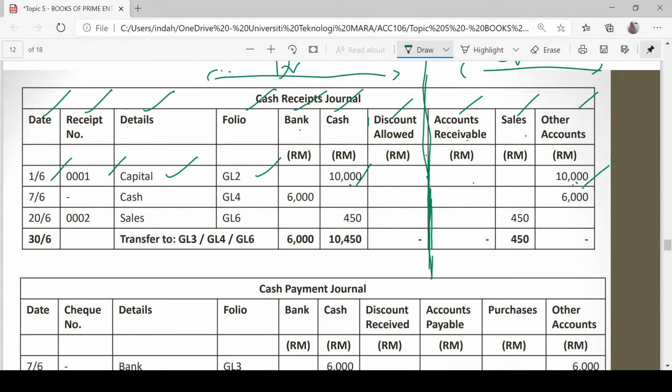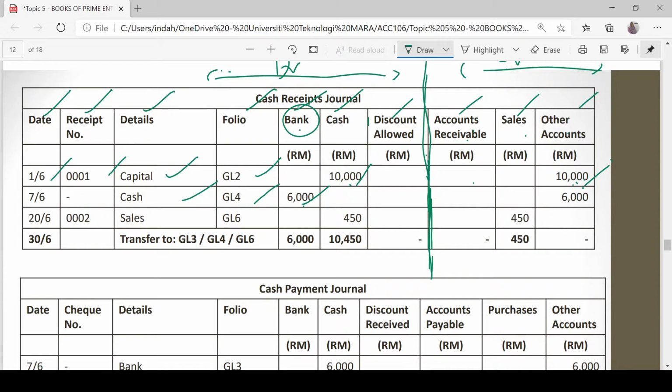We are going to record that we receive cash in bank. We assign a GL code here. Most probably I have recorded somewhere else for GL3, so that's going to be GL4.